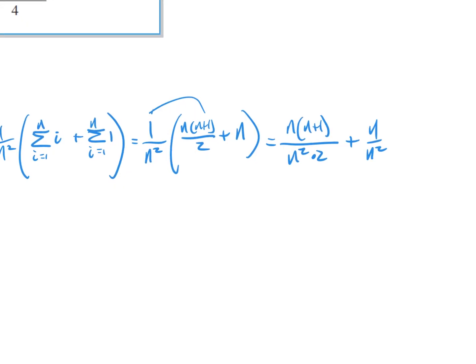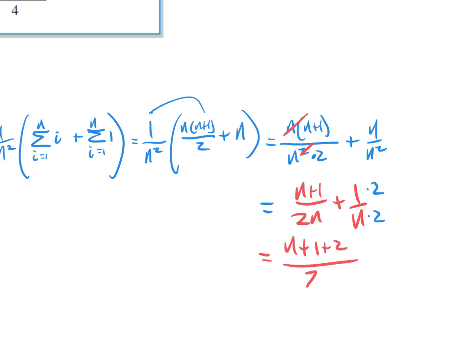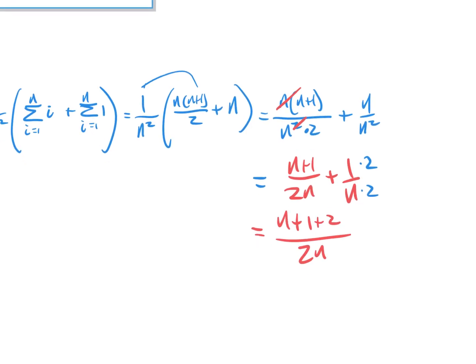Cancel one of those n's with one of those, and we'll have n plus 1 over 2n, plus 1 over n. Let's multiply by 2 on top and bottom to get a common denominator. We have n plus 1 plus 2 all over 2n, and that's just n plus 3 over 2n.